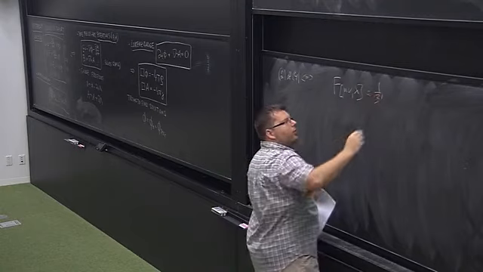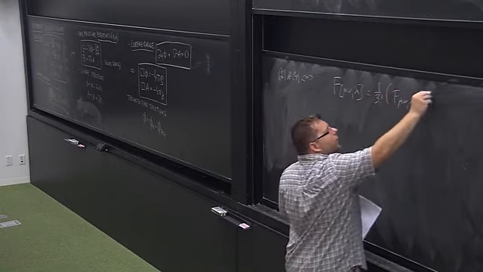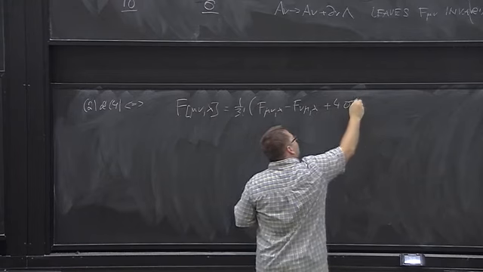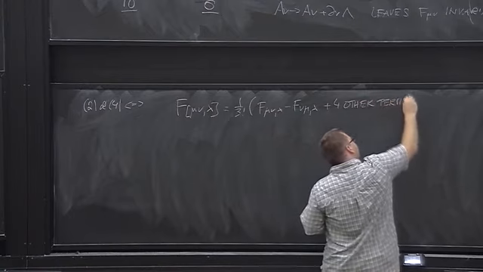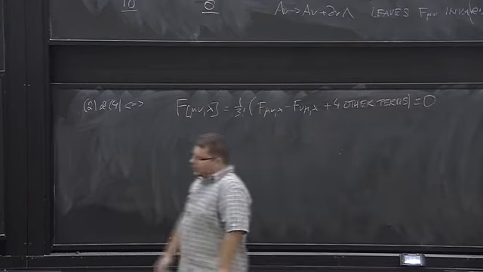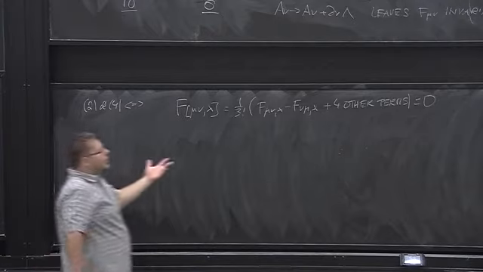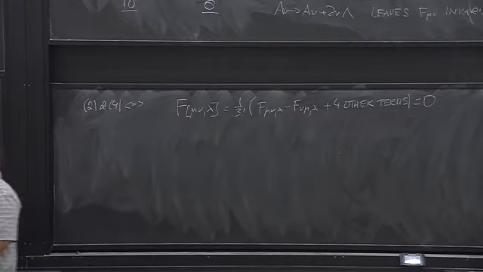So this is 1/3 factorial, F mu nu lambda minus F nu mu lambda plus 4 other terms, and this is equal to 0. That's the first set of Maxwell equations. I'm just doing all the possible permutations of the indices, and I pick up the minus sign if it's an odd permutation and plus sign if it's an even permutation.